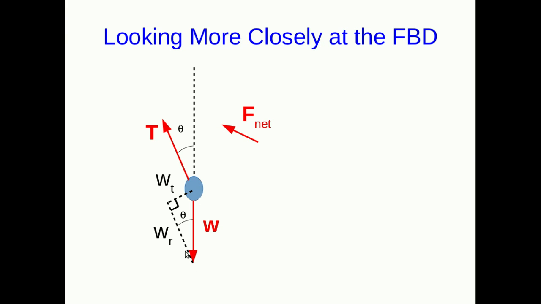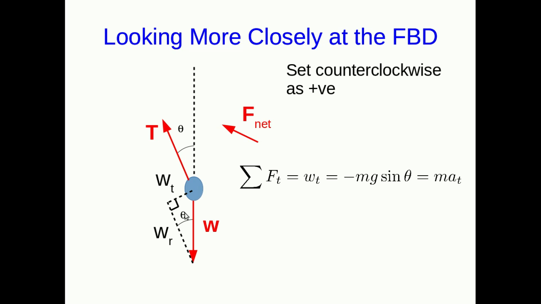The weight you can break up into a radial and a tangential component, and now there's going to be the angle theta here. So from that triangle you can see, and I'm going to now work with a convention that everything counterclockwise is positive, that that component of the weight, which is our only tangential force, is negative mg sine theta, where this negative is because it points back clockwise, and I'm setting counterclockwise as positive.